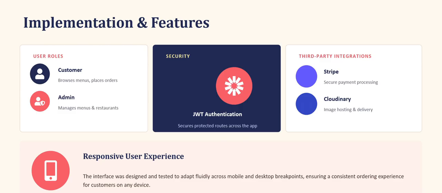For image storage, I used Cloudinary, which provides cloud-based image hosting instead of storing files directly on the server. Finally, the application is fully responsive, meaning it works smoothly on desktop, tablet, and mobile devices.